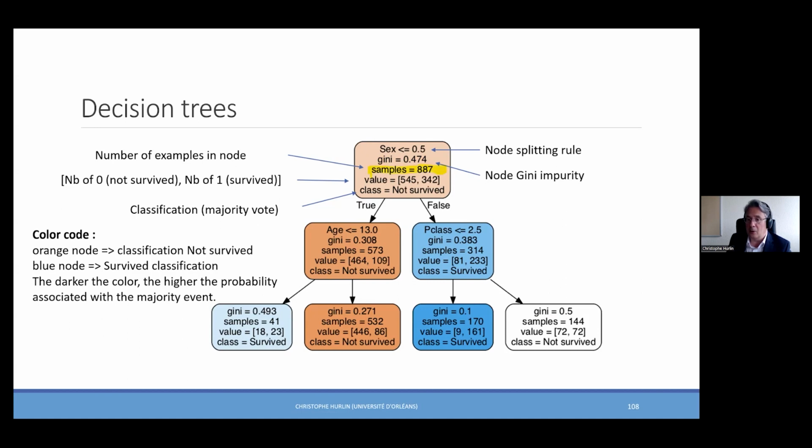In the root node, we have 887 individuals. Here we have 314 individuals, and here we have 117, 144, etc.